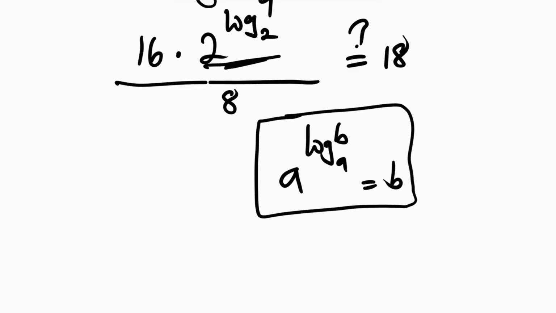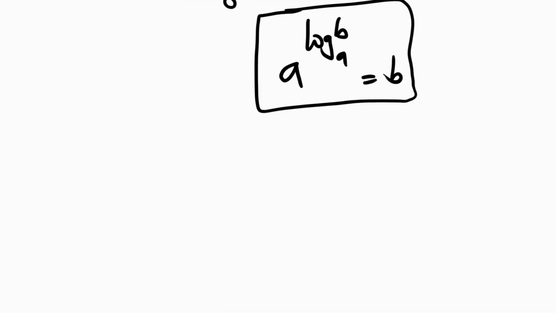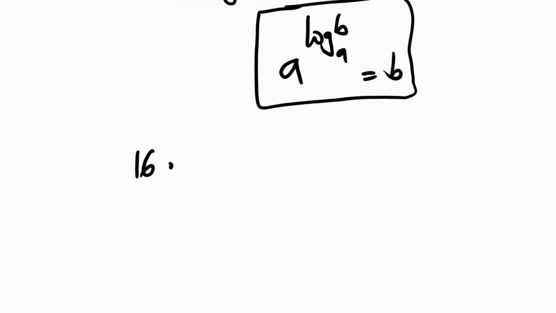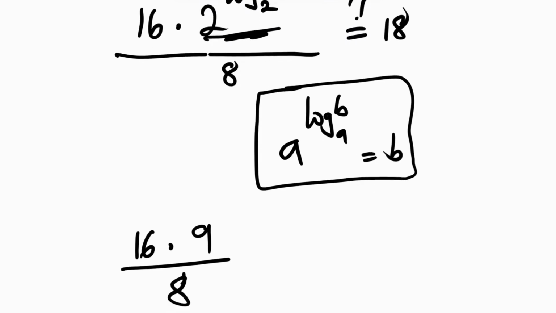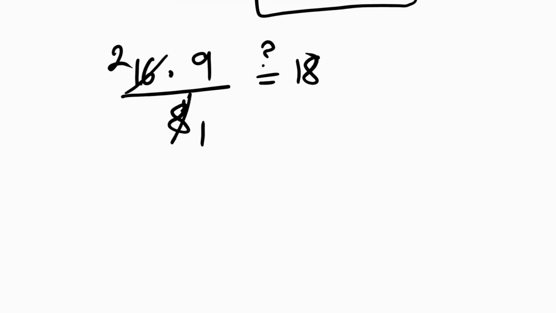So let's do that to this part of the equation. So it becomes 16 times 9 divided by 8. See if it's equal to 18. So 8 here is 1, 8 here is 2. 9 times 2 will give us 18, which is also equal to 18.